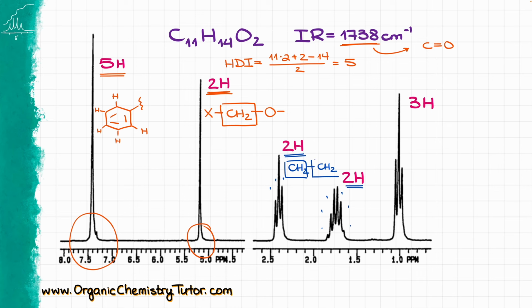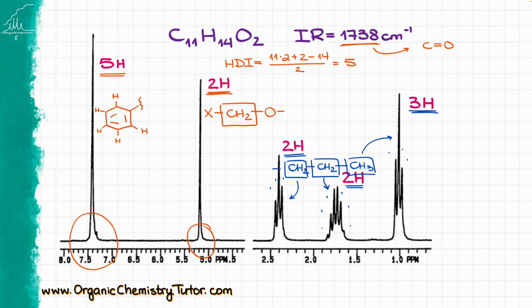So that is actually going to be this guy over here, because the last group that we have here is the CH3 with 3 peaks, which means that it's a triplet, only 2 neighbors, so that one is going to be this CH3.